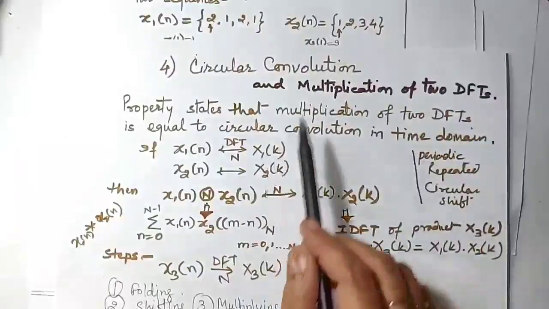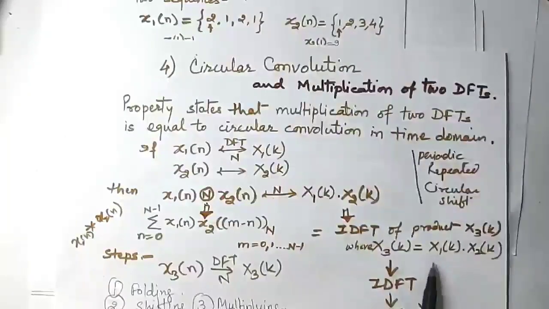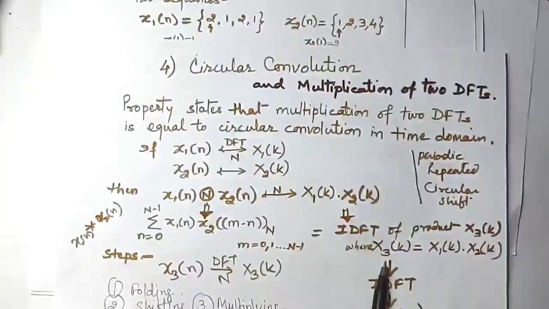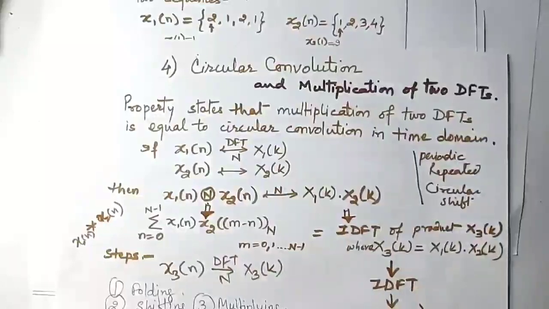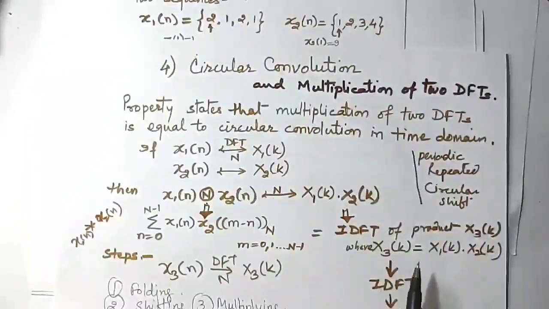You know how to calculate the Fourier transform, and then take its product. After taking the product, x3(k) will be the Fourier transform of the x3 sequence, and then calculate its inverse discrete Fourier transform, and get x3(n). This is the theoretical computation other than the circular convolution procedure.